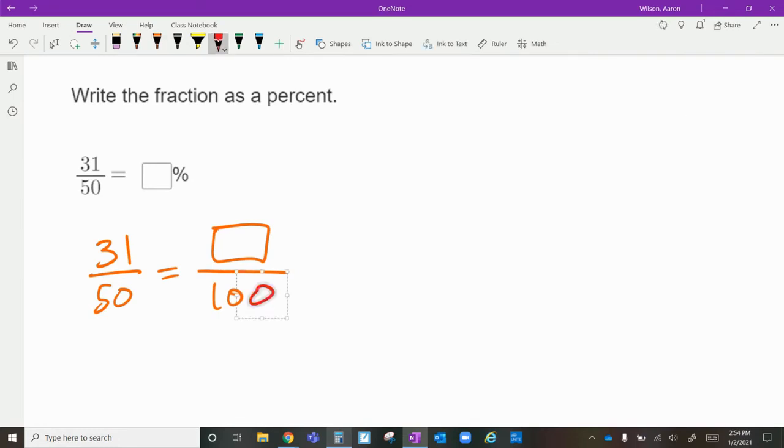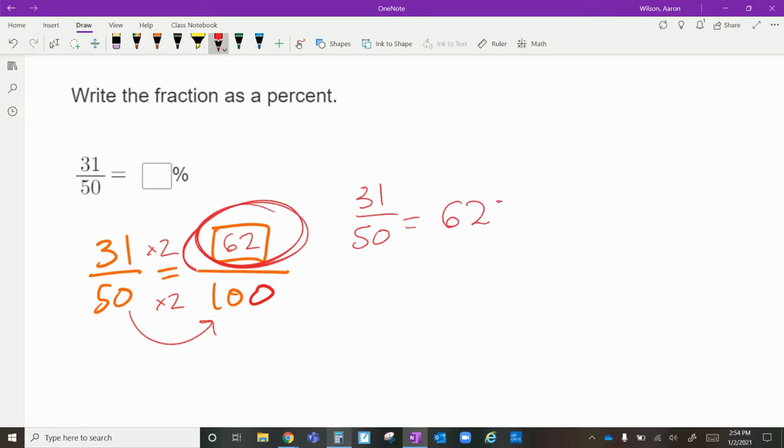Now, the quickest, easiest way to do this is to think, how do you go from 50 to 100? Well, you're going to multiply that by 2. And if you're multiplying the denominator by 2, you have to multiply the numerator by 2. So 31 times 2 is 62, which is why 31/50 is the exact same thing as 62%.